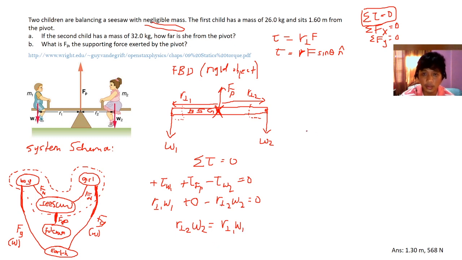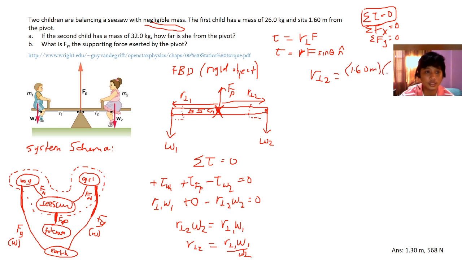So therefore, R moment arm 2 is equal to R moment arm 1 weight 1 over weight 2. So now I'm ready to solve for R moment arm 2. R moment arm 1 is 1.6 meters.